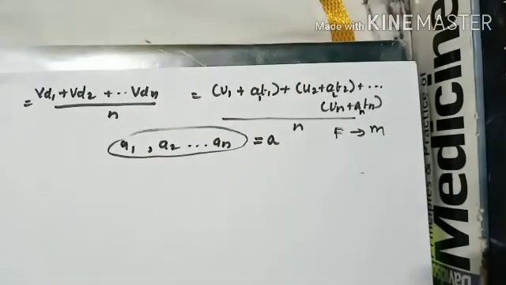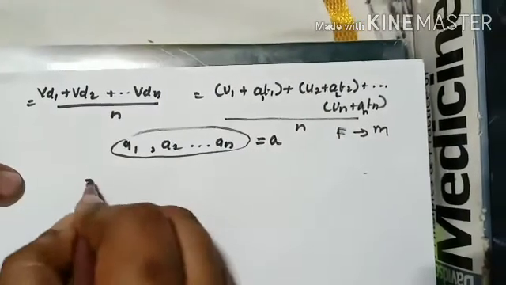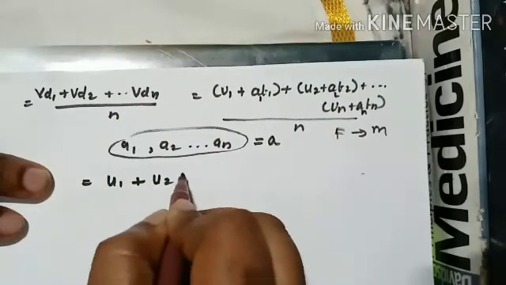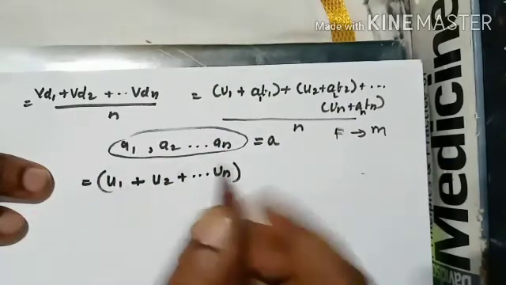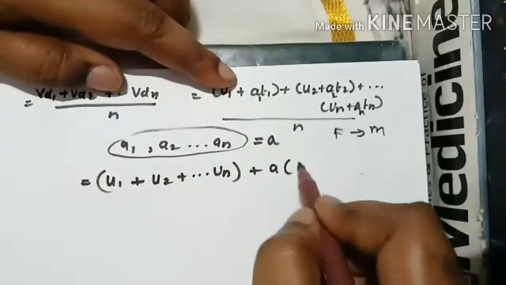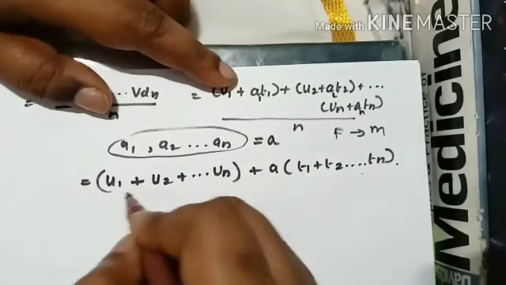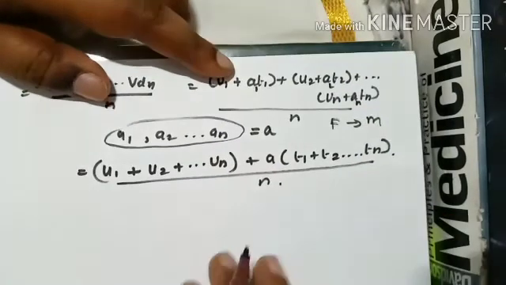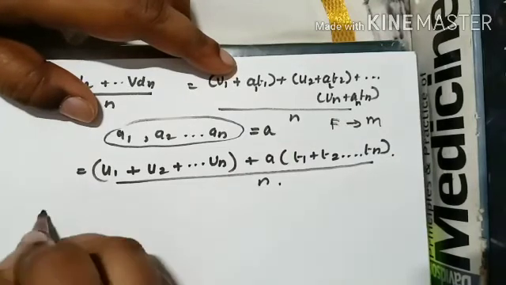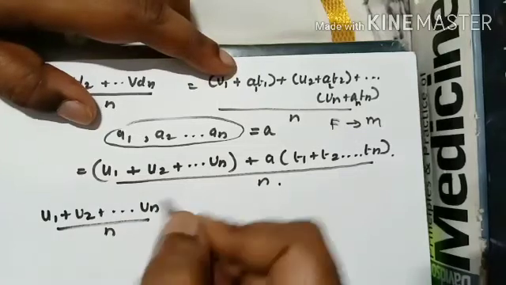This much clear? Now we are going to write the same in the previous equation. I bring the like terms, U1 to Un, into one section, plus A is common. It becomes T1 plus T2 and so on to Tn, then whole divided by n. Now previously we have told that the average thermal velocity, that is this much of the terms, is equal to 0.